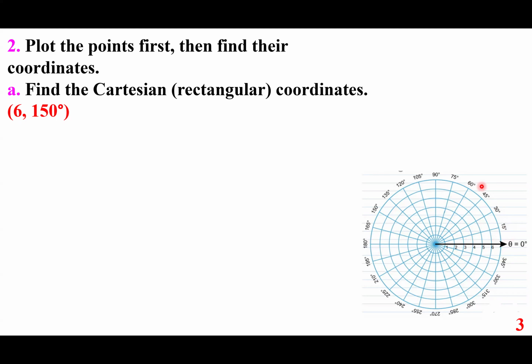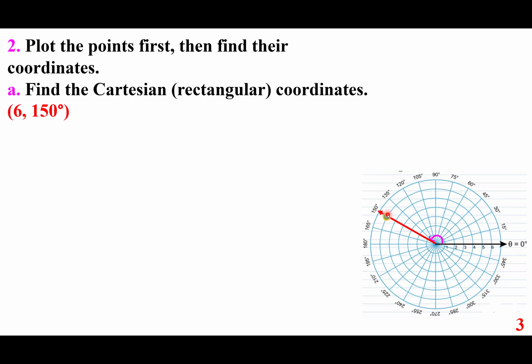You can see the angles, 15, 30, whatever, and you have 150 degrees. That would be the direction we are moving in. For the number 6, we go 6 tick marks, more specifically 6 circles, the first one being this one, 2, 3, 4, 5, 6. That's how you plot a polar coordinate.